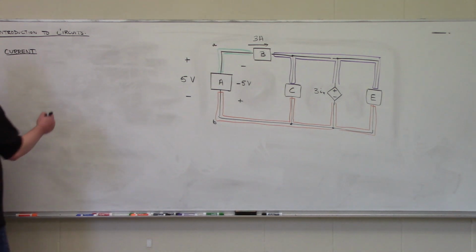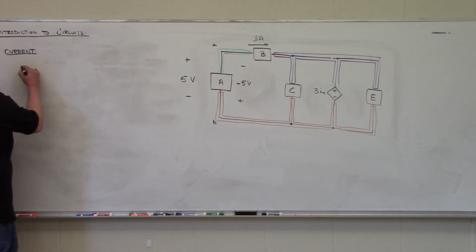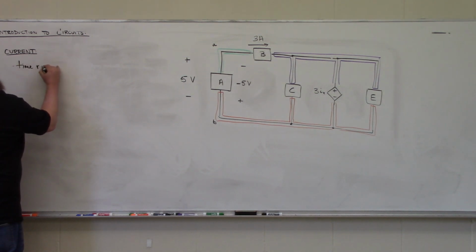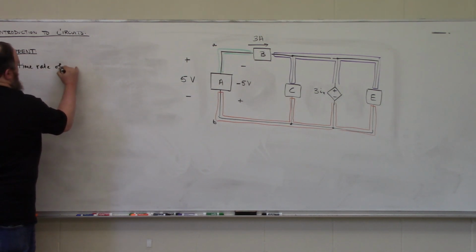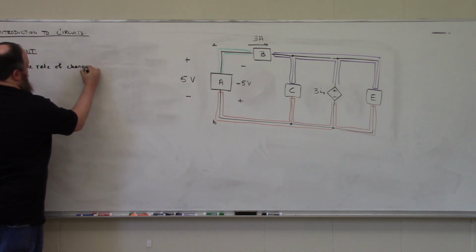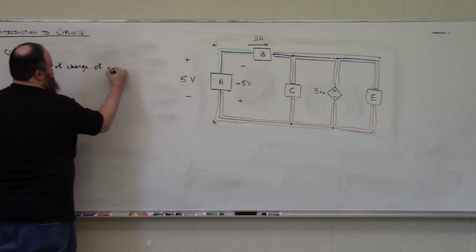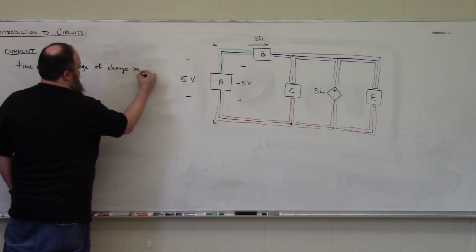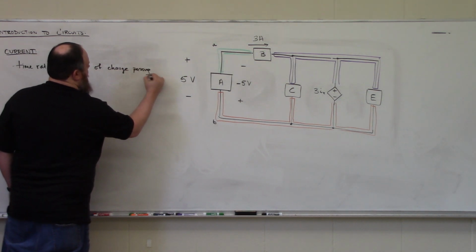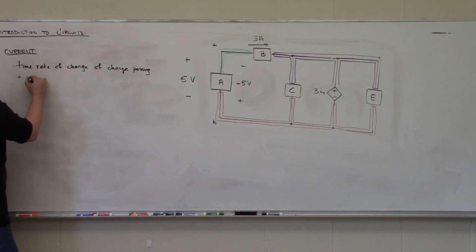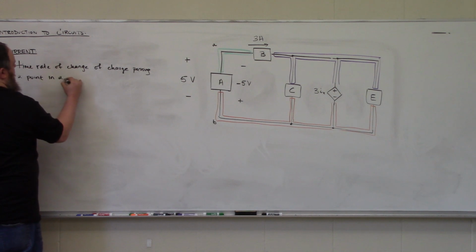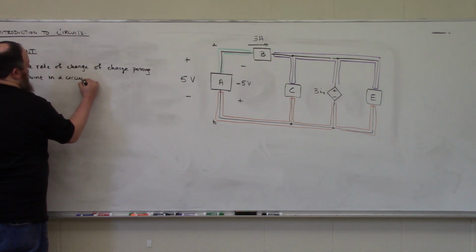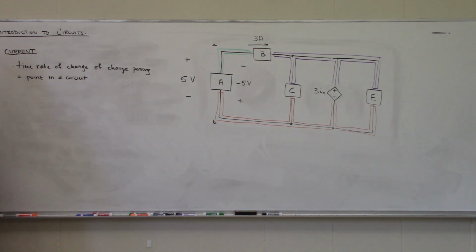Current is defined as the time rate of change of charge passing a point in a circuit.